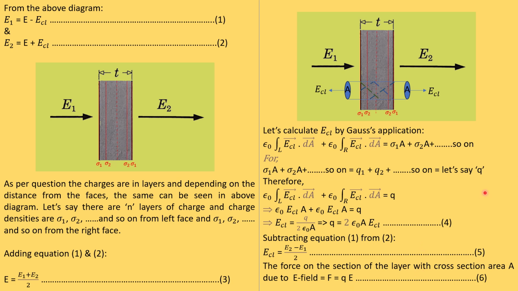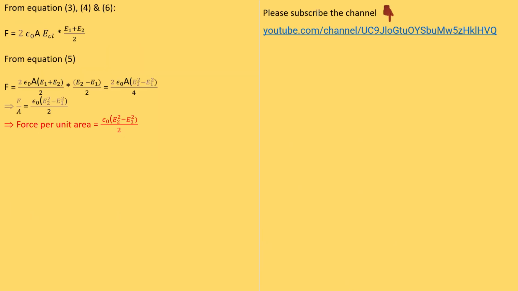That will be equal to, we will be putting the value of Q and E. Q is this much, E is E1 plus E2 by 2. Now for ECL, we will take the help of equation 5, because in equation 5 we have calculated ECL in terms of E1 and E2, and that is equal to E1 plus E2 by 2.